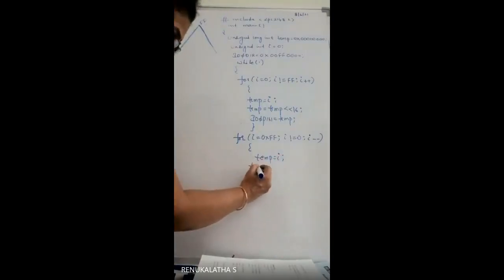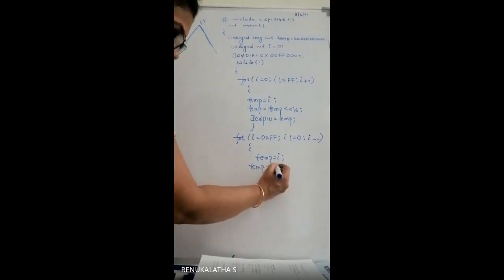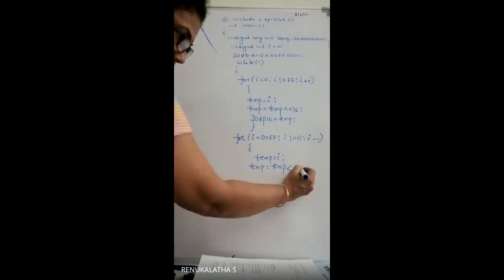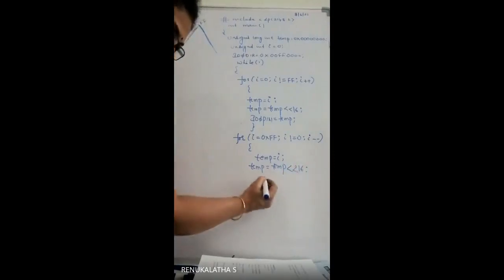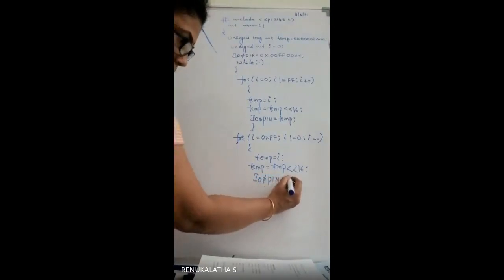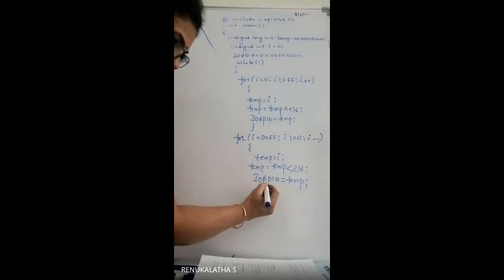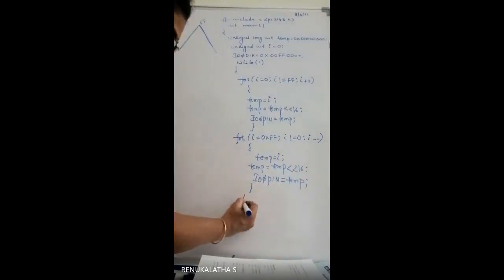Then temp, we are doing something for temp here. I'll tell you later what we are doing here. Temp left shifted 16 times. And then you are going to assign the value to IO0 PIN. What value? Whatever is there in temp. Okay, and then close. Three are there.